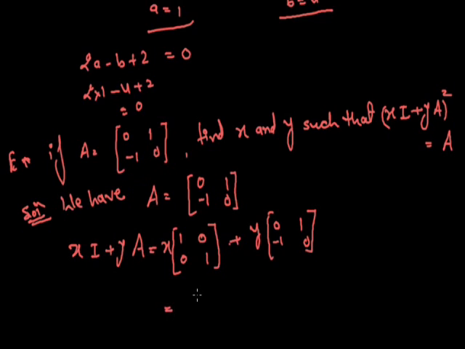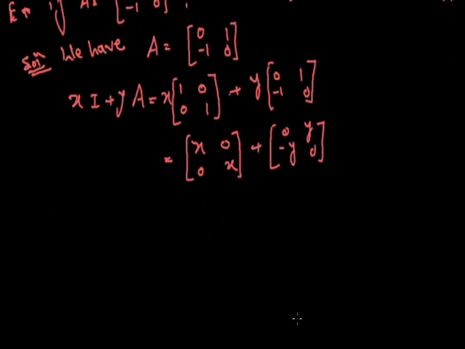So it is [x, 0; 0, x] plus [0, y; -y, 0]. So after adding, we get [x, y; -y, x].